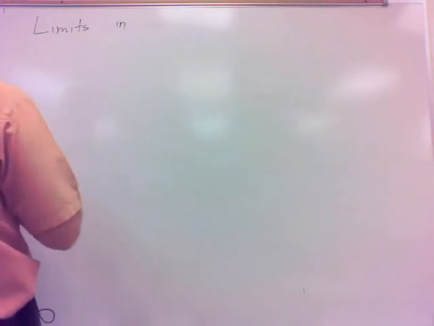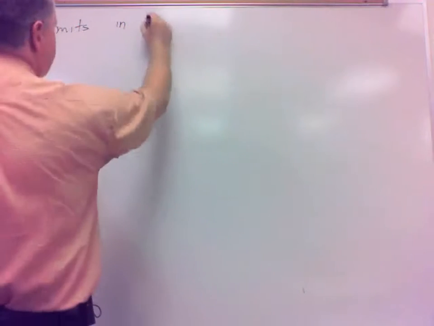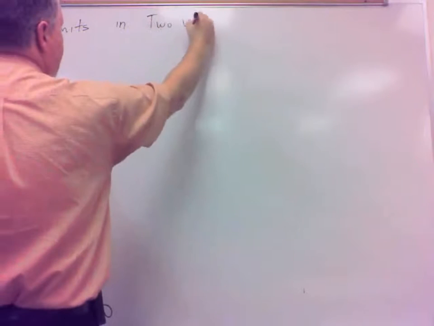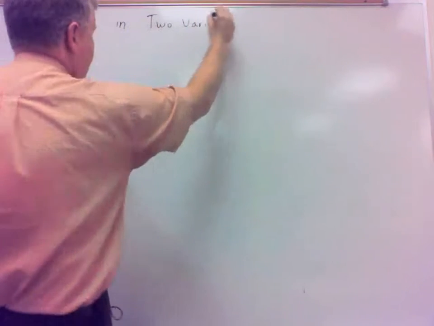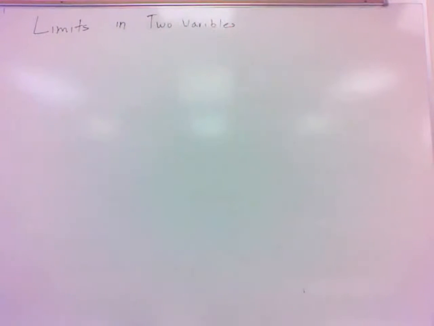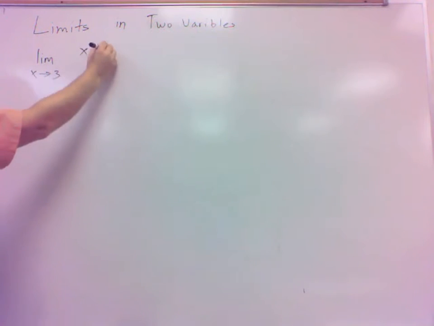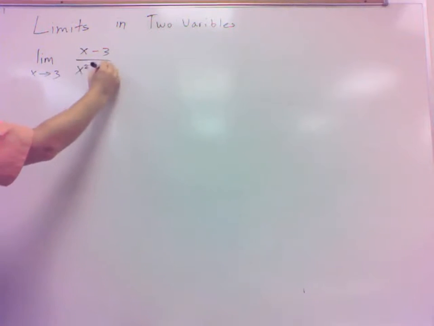Let me talk about limits in two variables, the same idea. We've got a function where we want the limit as we approach a point, ordered pair values. You know, we're used to these, right?